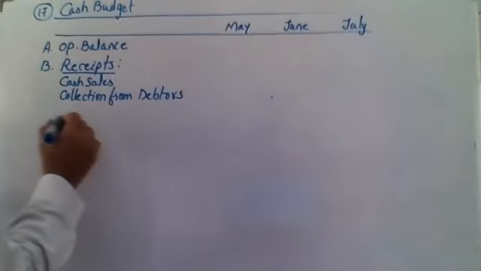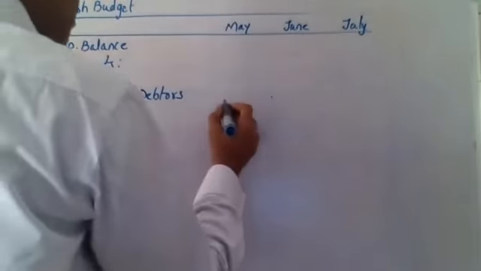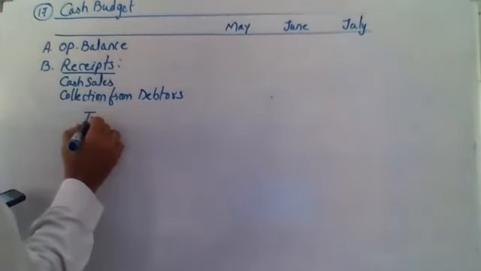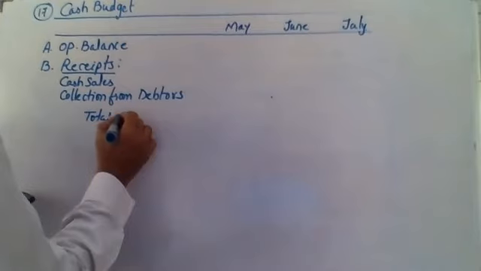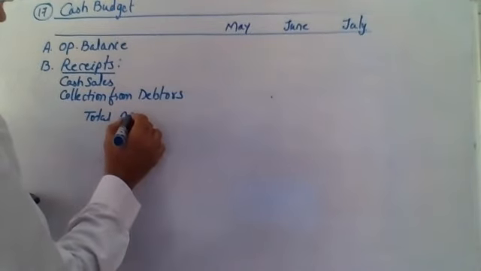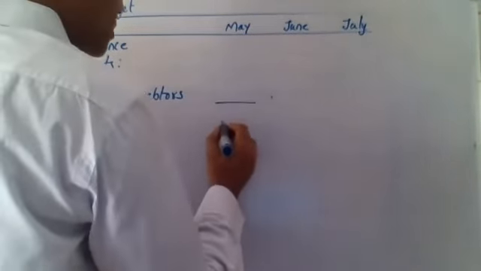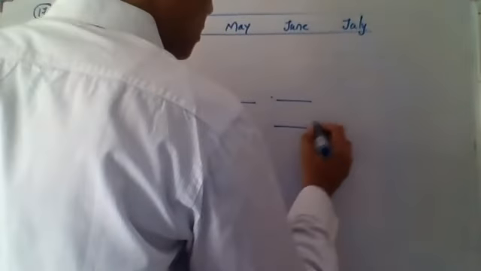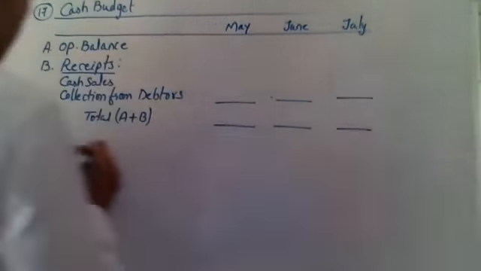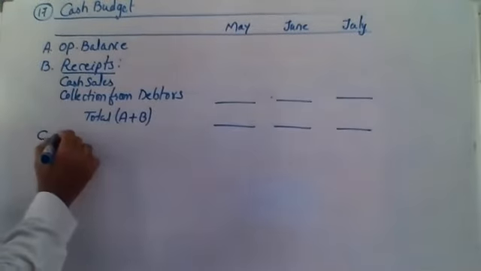Then you will just take the total of A and B, that is total receipts. You can close it here. Then you go with C, that is payments.